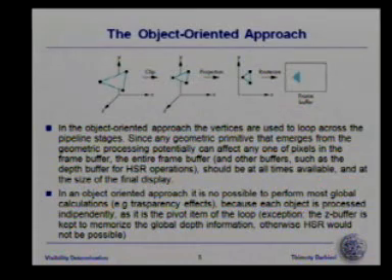But basically, in an object-oriented approach, well, you loop across vertices, and what does this mean? That potentially each vertex can affect many pixels, possibly the same pixels, any one of the pixels in the frame buffer.